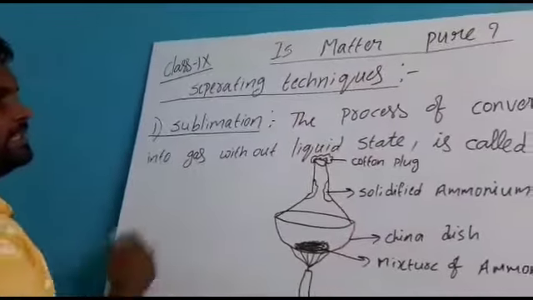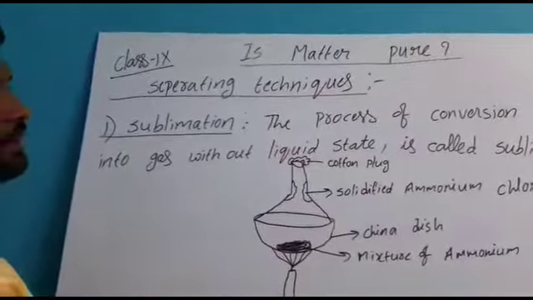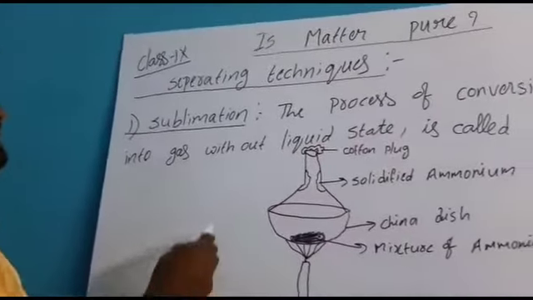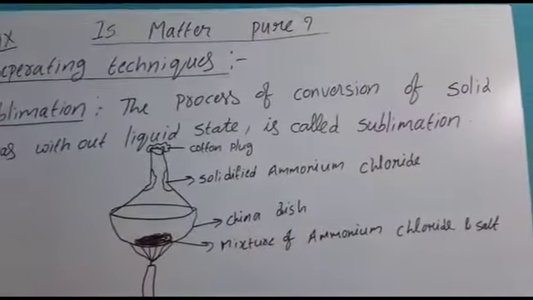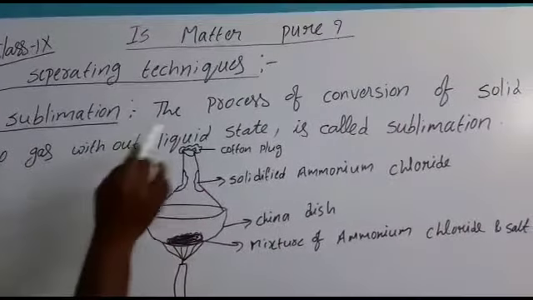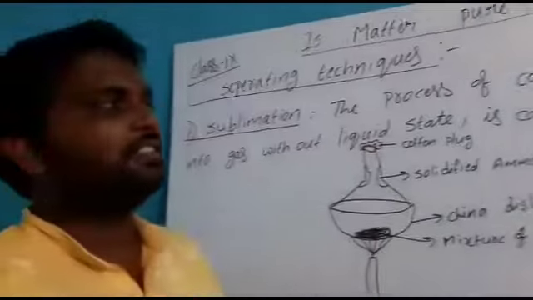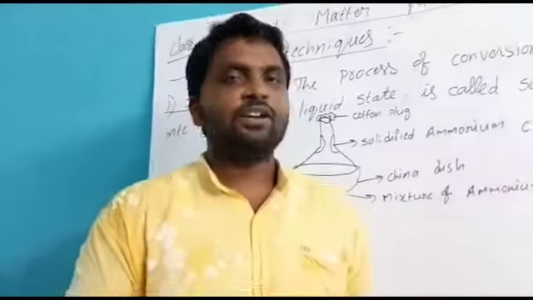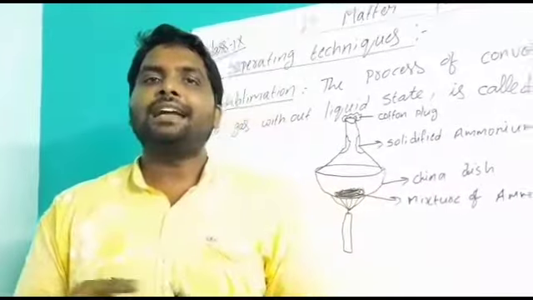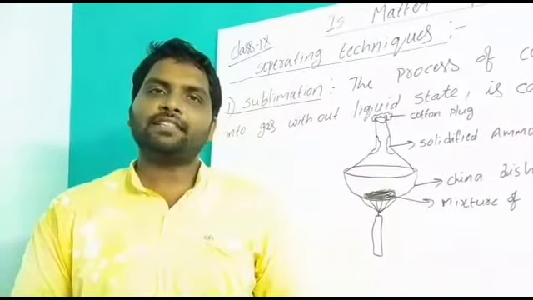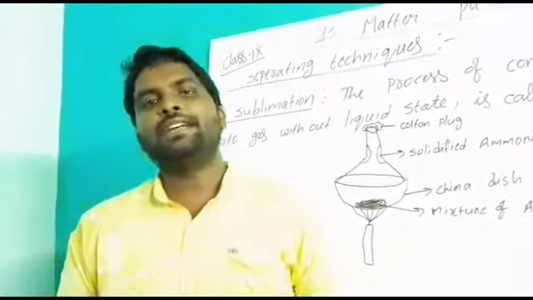The first technique is sublimation. First you have to know the definition of sublimation. The process of conversion of solid into gas without a liquid state is called sublimation. Means we have three states. What are the three states? Solid, liquid and gas. When we heat a solid, it will convert into liquid.